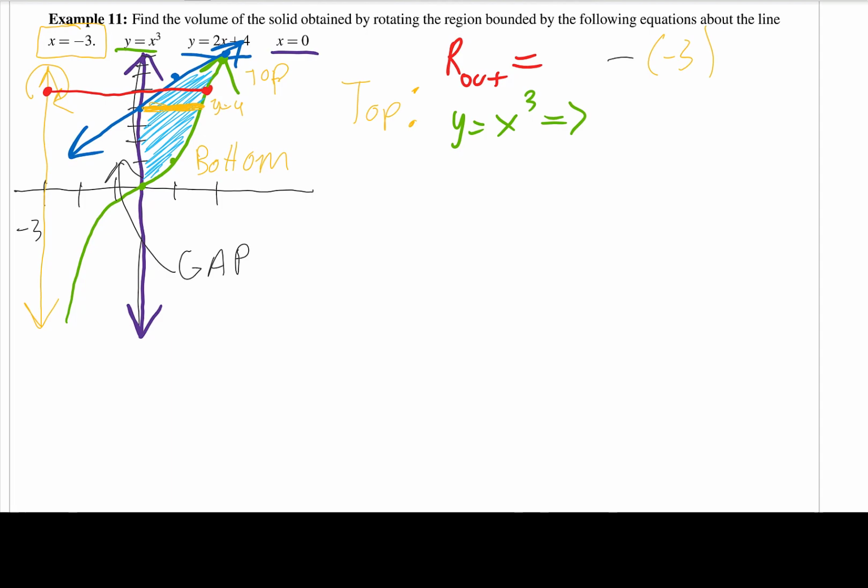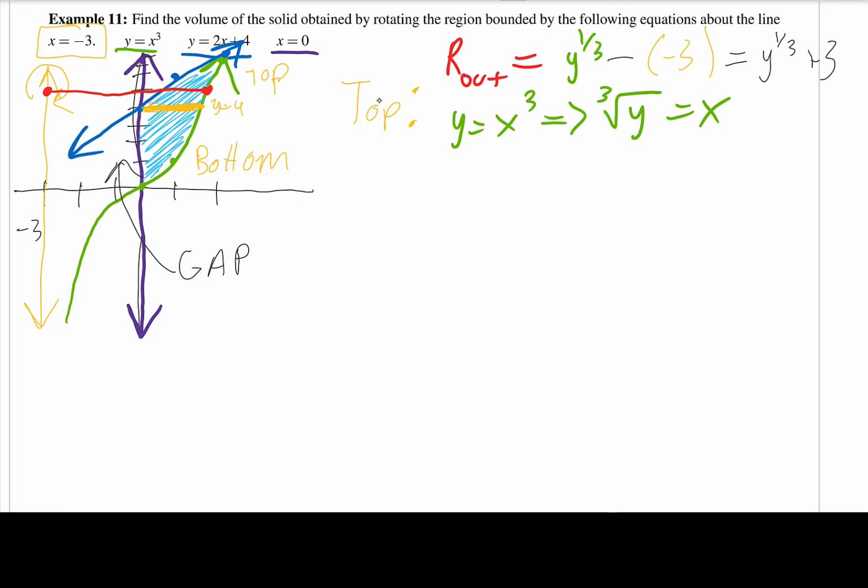I'll cube root both sides. Let's cube root y equals x. So this is y to the 1/3 minus -3 will give us y to the 1/3 plus 3. Okay, and that will give us our outer radius.